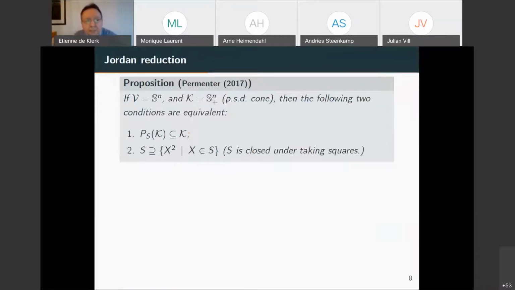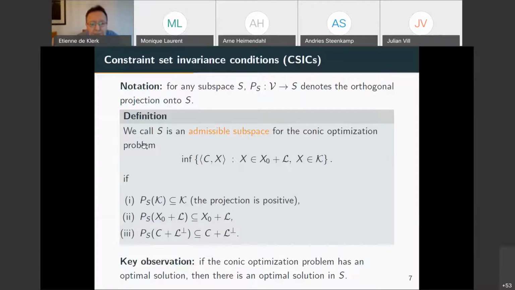The nice thing is that one can simplify these conditions, which are a bit hard to deal with, in the case of special cones, and in particular for the cone of positive semi-definite matrices, S^n_+. One of the conditions for an admissible subspace was that it should be cone positive, meaning it should map the cone into itself.